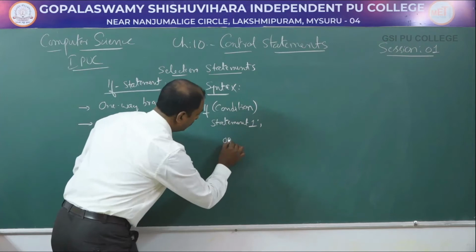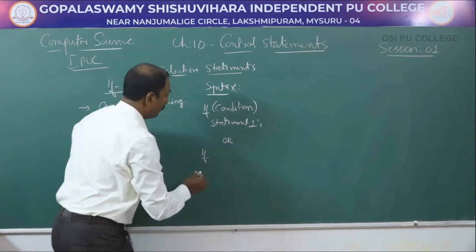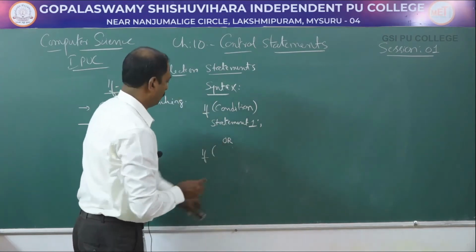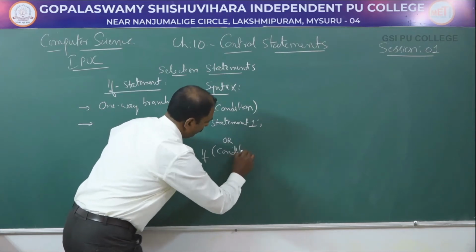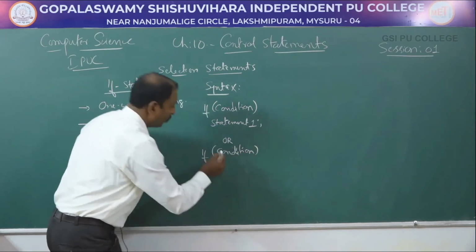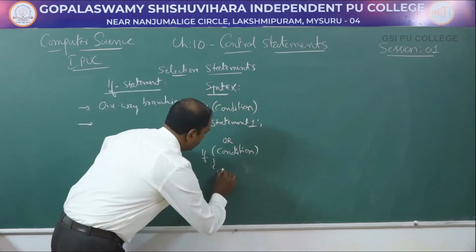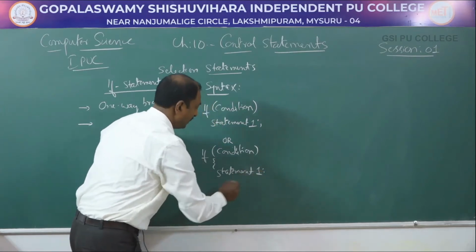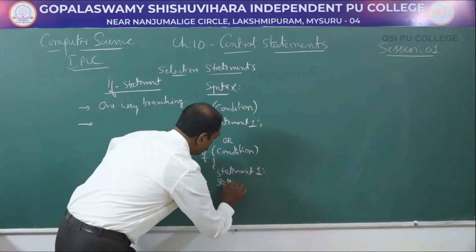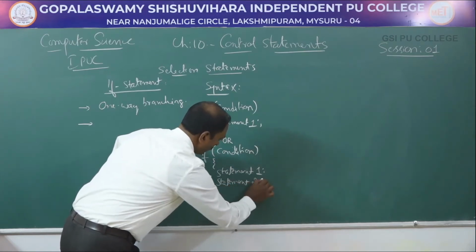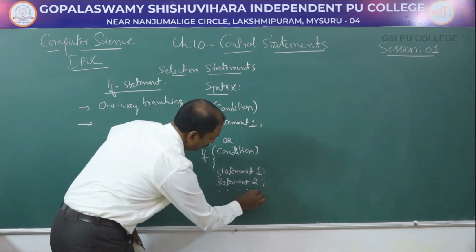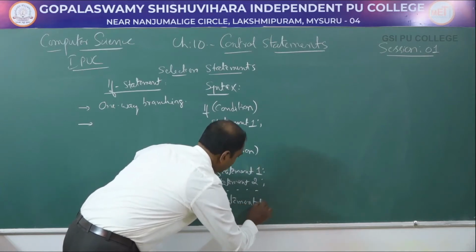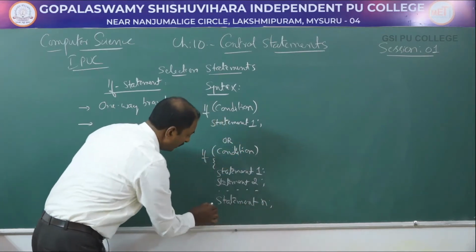Or another syntax: if condition, open the bracket, here we have statement 1 semicolon, statement 2 semicolon, dot dot, statement n semicolon, closing this.